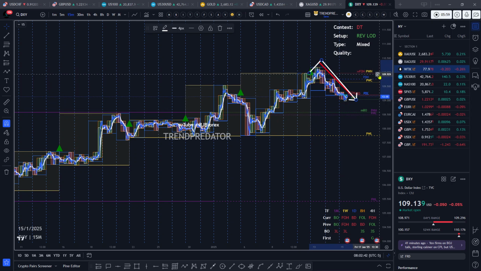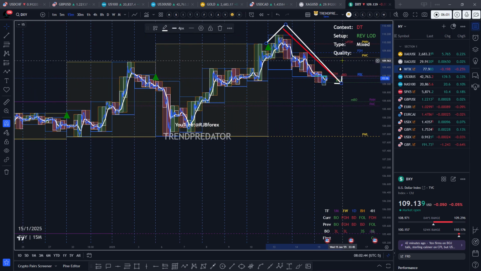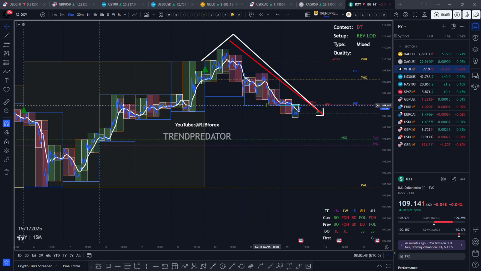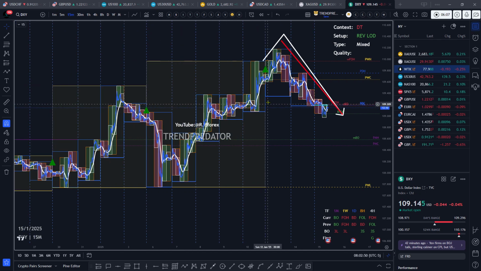So we assume that it will continue unless we break back above yesterday's lows, Monday's lows, and the previous week's highs.